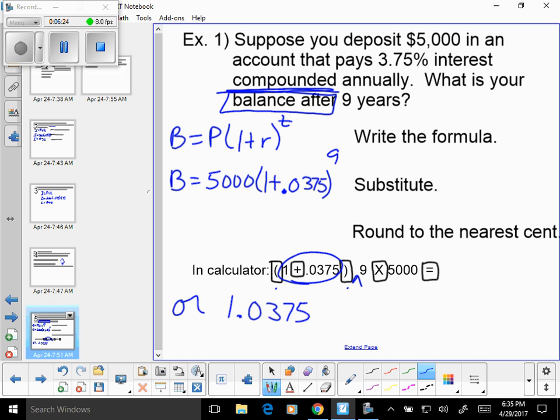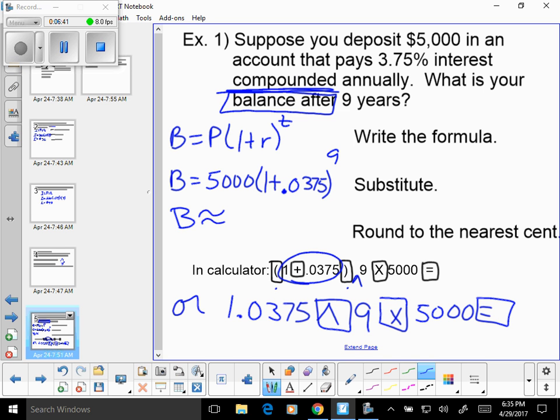1.0375. Then I use that power key, 9, and then my X and 5,000, and I'm going to get an equal sign, and press my equal sign. You will probably have to round off because these seldom turn out evenly.